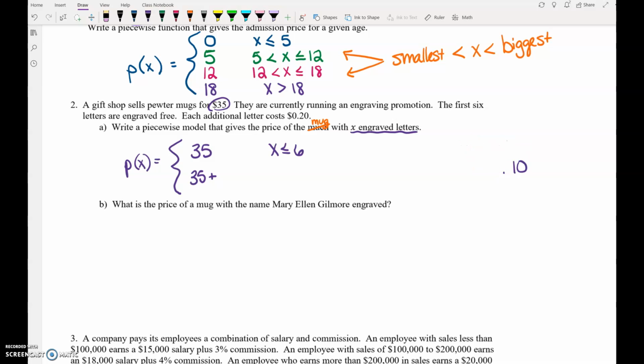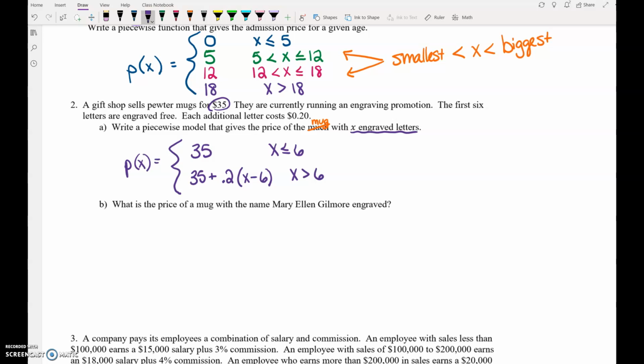So you really want to do 0.2, so 20 cents, times the number of letters more than 6. So take X, subtract away the 6 letters that you got for free, and whatever's left is how many letters you're going to be charged 20 cents for. This is when your number of letters is larger than 6.